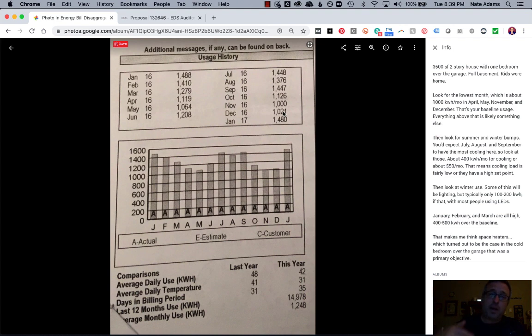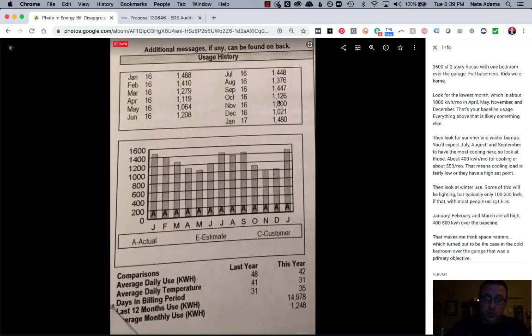So their basic usage every month is somewhere in the 1000 to 1100 kilowatt hour per month range. And so if you know that, you can look at any of the other months, and if it's a lot more, you can try and figure out what that's attributed to, particularly by time of year.